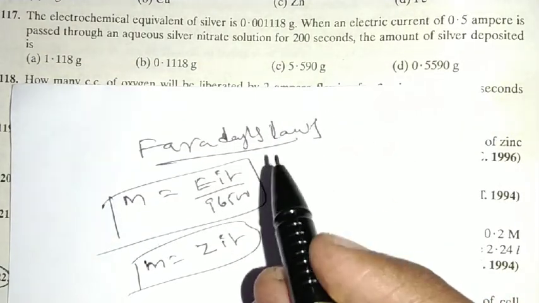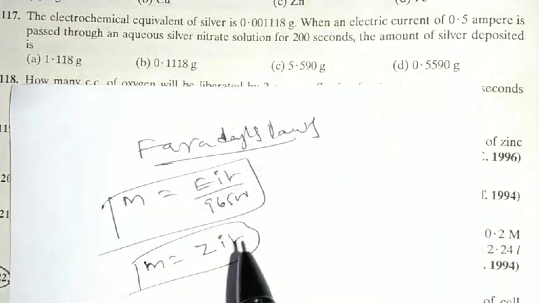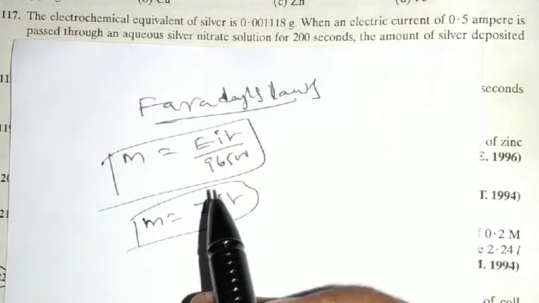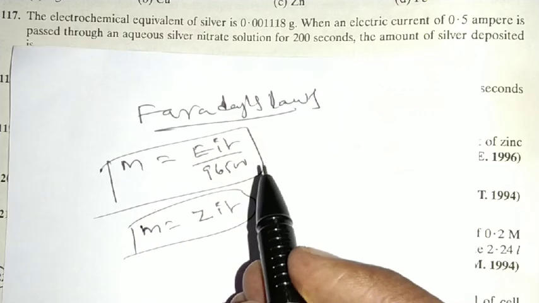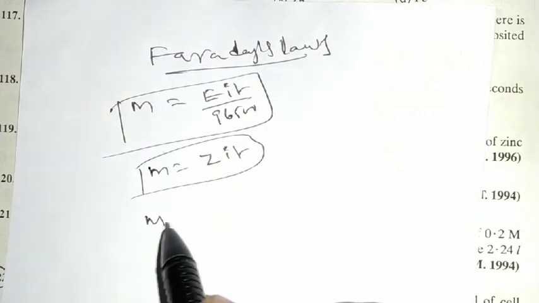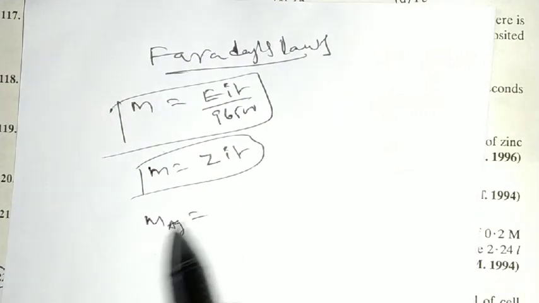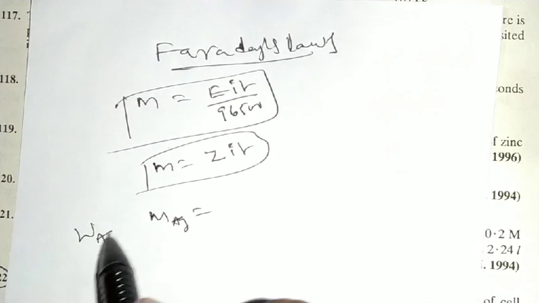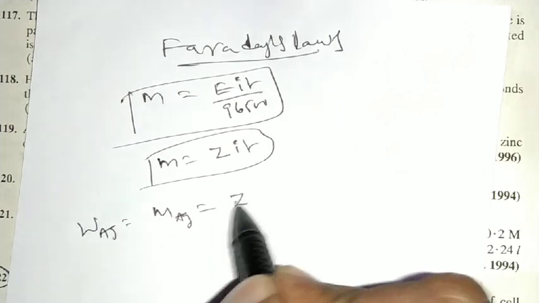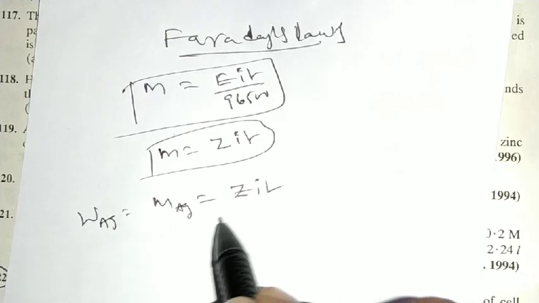In this, the content is silver nitrate. So what is the metal here? Silver. We are supposed to identify the weight of the silver. Direct substitution: weight of the silver is equal to ZIT, because the Z value is given directly.